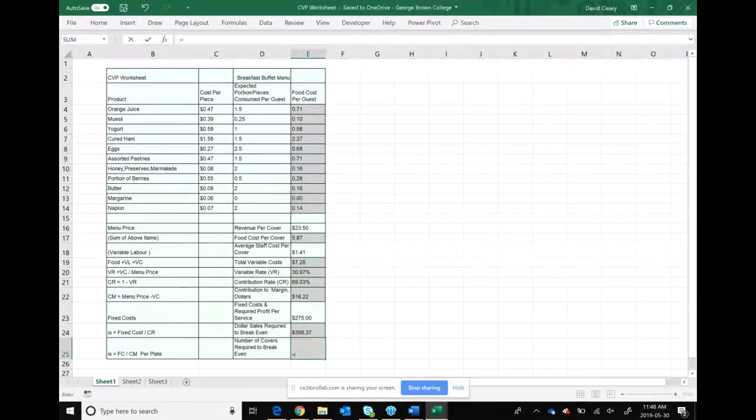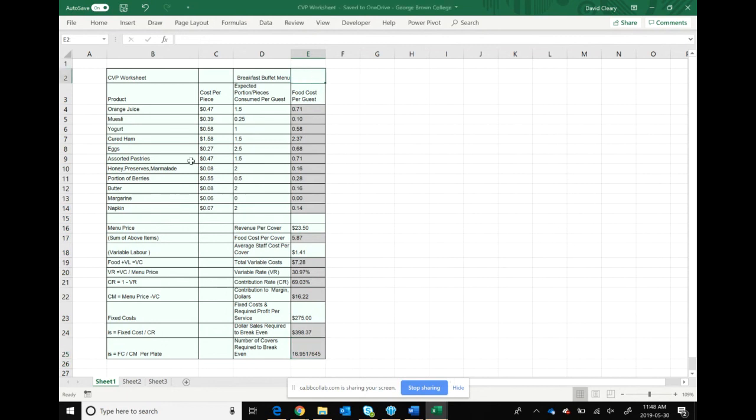So we take our fixed costs, the equation's right here again, and then we divide it by our contribution margin per unit, so divide it by $16.22. So in order to break even, we need to serve 16.95 guests. We can't really have 0.95 of a guest, so in this case we'd have to serve 17 guests.